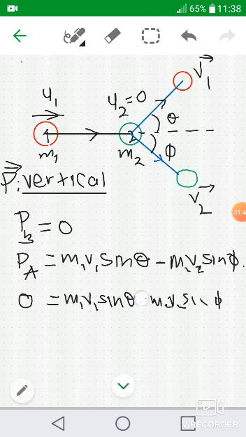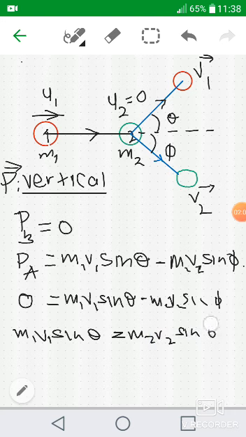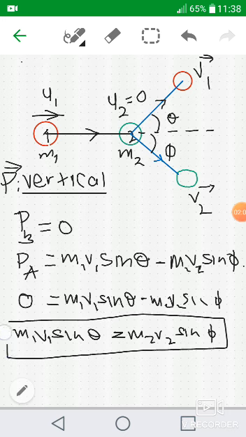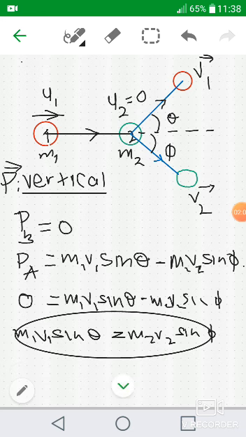And we can now conclude that if we remove the 0 and bring m2 v2 sine phi to this side, we shall have m1 v1 sine theta being equal to m2 v2 sine phi. So this is the total momentum in the horizontal direction. Thank you very much.